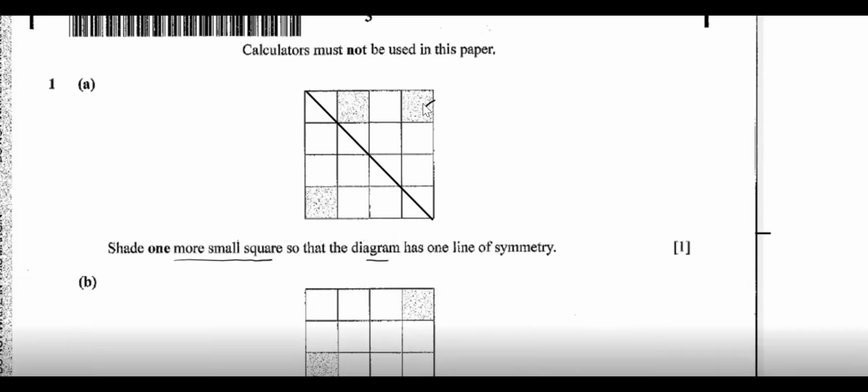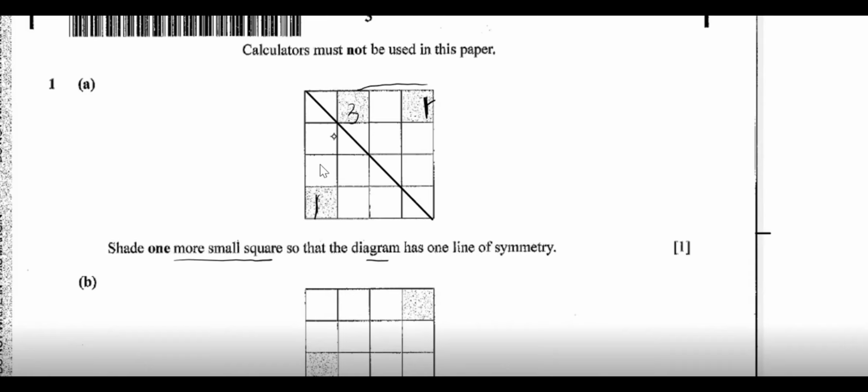Look here, on the right side of this line of symmetry, here are two small shaded squares. This is square number 1 from right to left, and next this is square number 3. These two squares are shaded, but on the left side, one square is shaded.